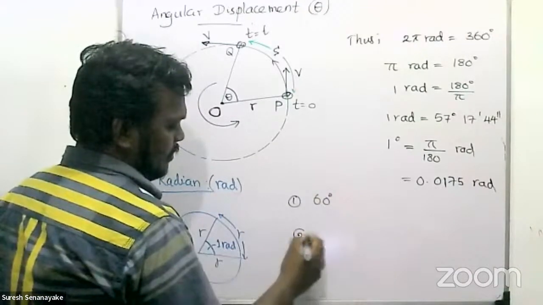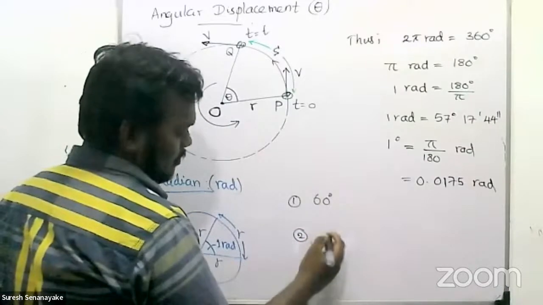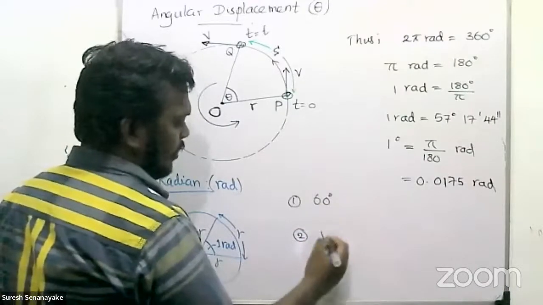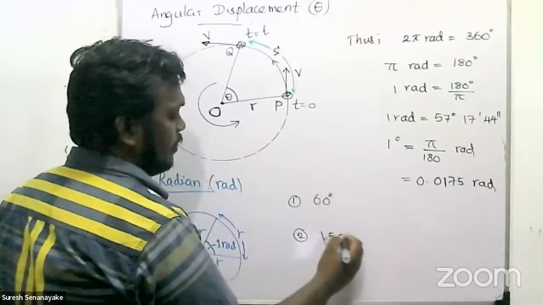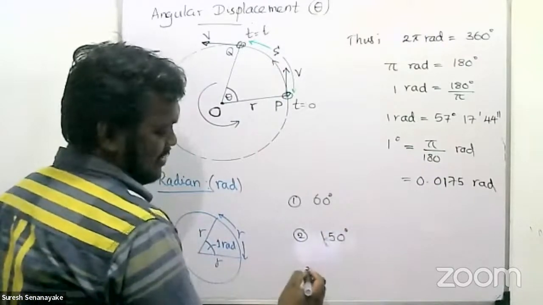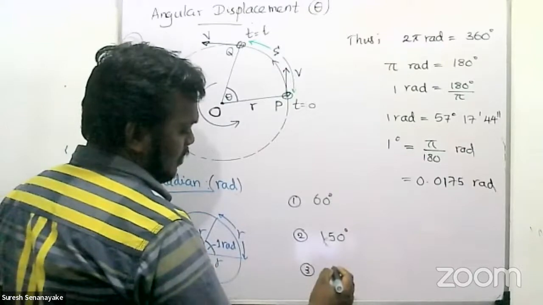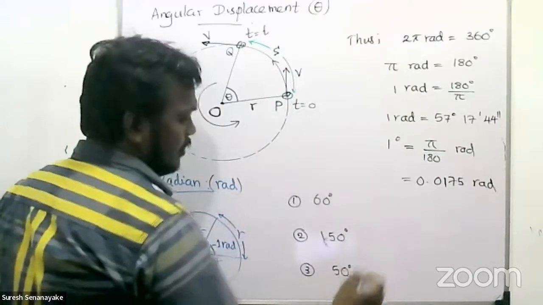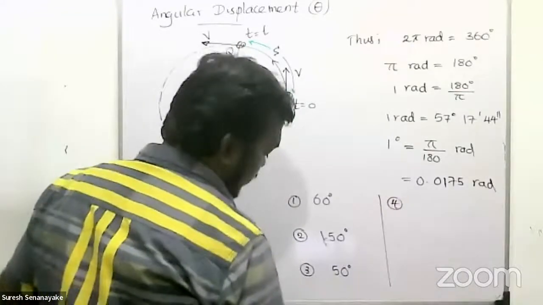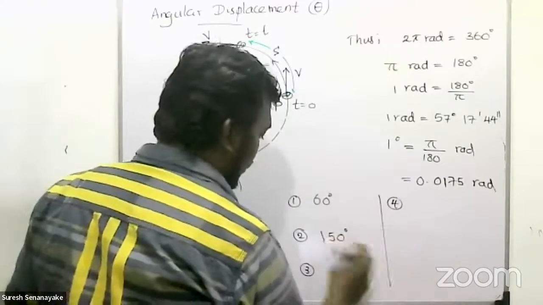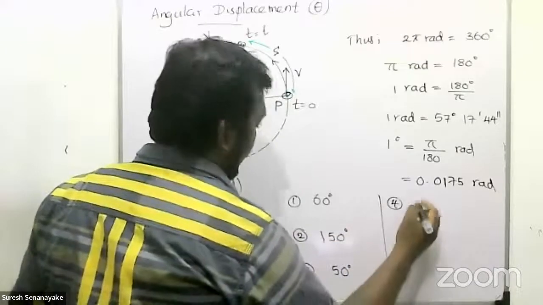Second one, 150 degrees. Third one, 50 degrees. And then these are radians to convert to degrees. I will write them down.